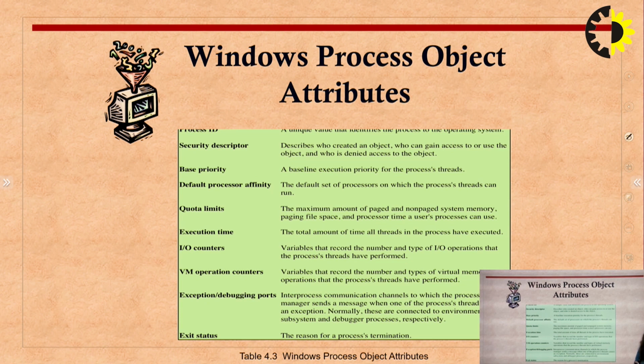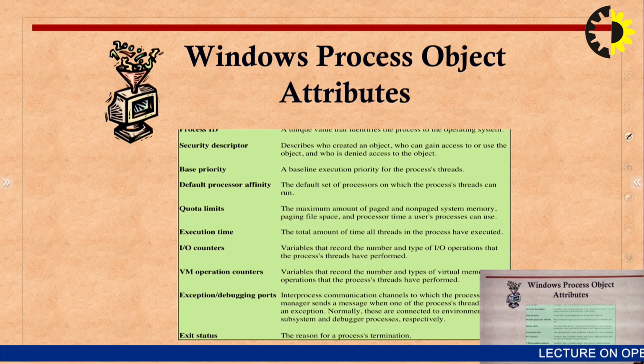Whenever there is an exception in a thread, there has to be an inter-process communication channel to which the process manager can send a message that there has been an exception.